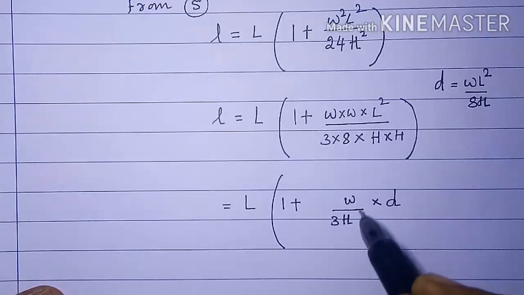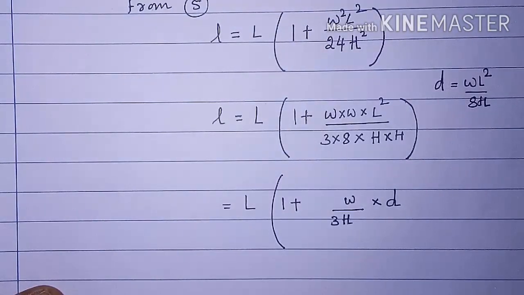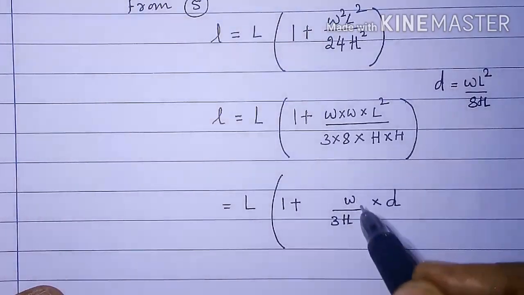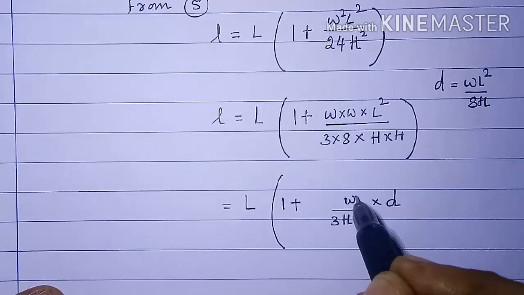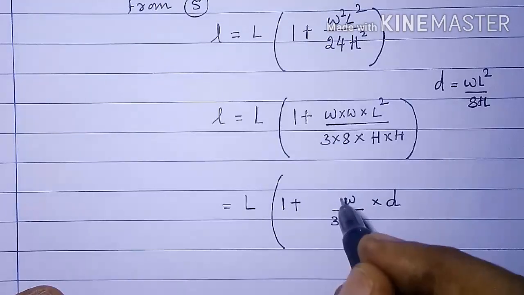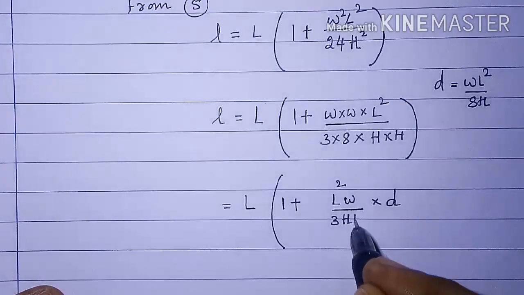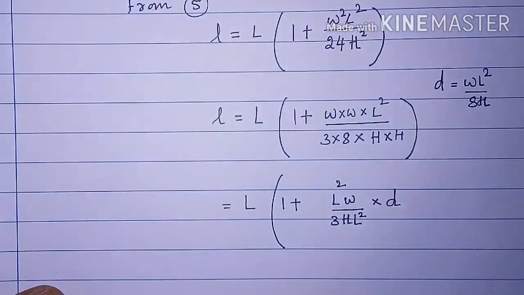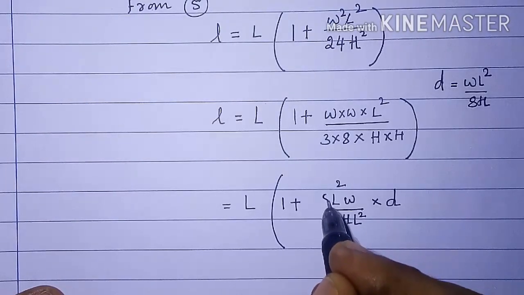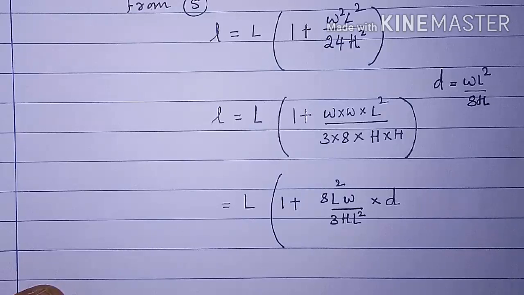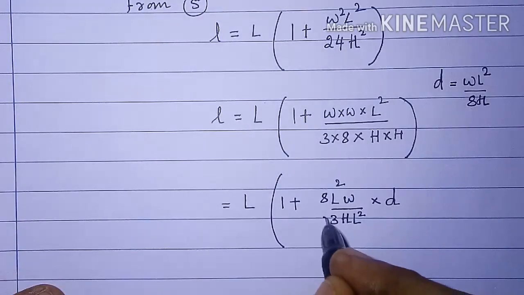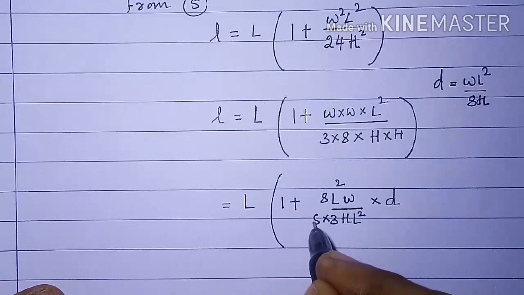I will make this also as D. For that I will multiply this ratio by L square and divide by L square, and I need 8 in denominator, so I will multiply this by 8 and divide by 8.